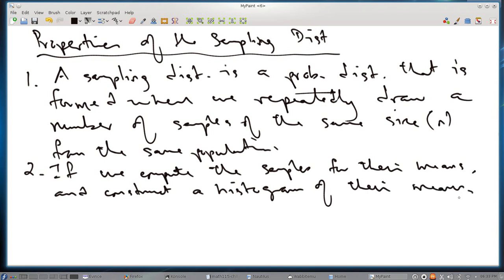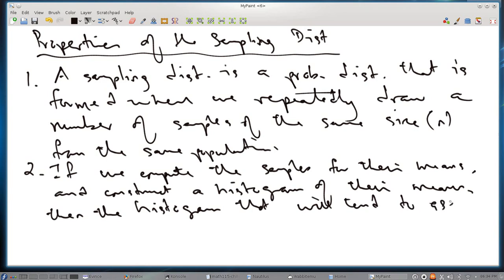Then the histogram will tend to assume a bell-shaped normal distribution.